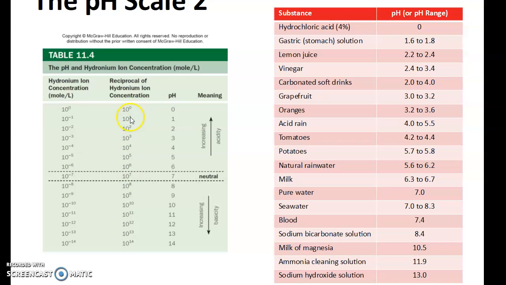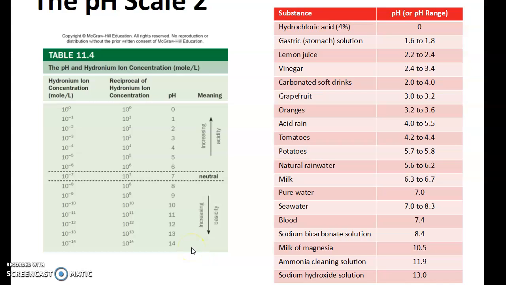This is 10 to the minus 1, 10 to the minus 2, 10 to the minus 3, 10 to the minus 4. This is the reciprocal of it. So these are to the minus numbers right here. These are the moles per liter, and so that gives us this pH right here. So this is increasing acidity this way. This is decreasing acidity this way.